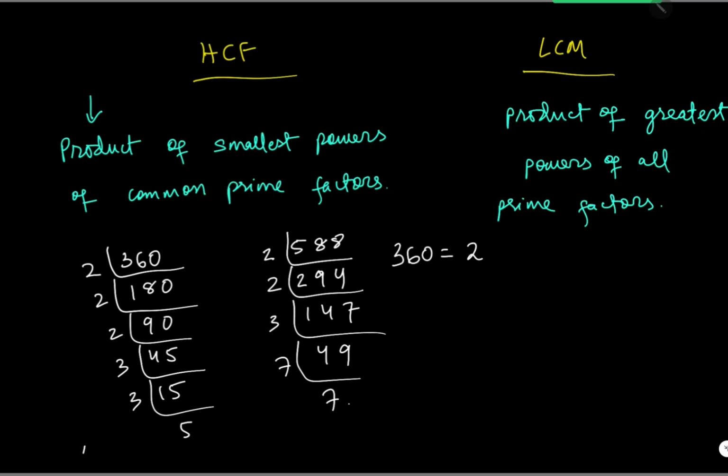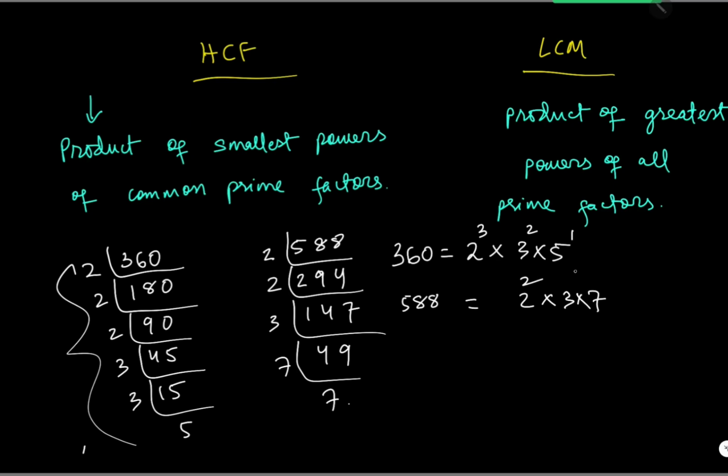The distinct prime numbers involved in the prime factorization of 360 are 2, 3, and 5. 2 occurs 3 times, 3 occurs 2 times, 5 occurs 1 time. As for 588, 2, 3, and 7: 2 occurs 2 times, 3 occurs 1 time, 7 occurs 2 times. This is the canonical decomposition of 360 and 588.